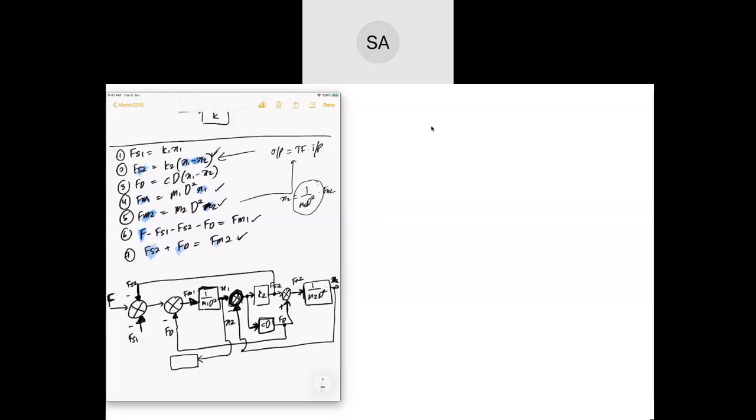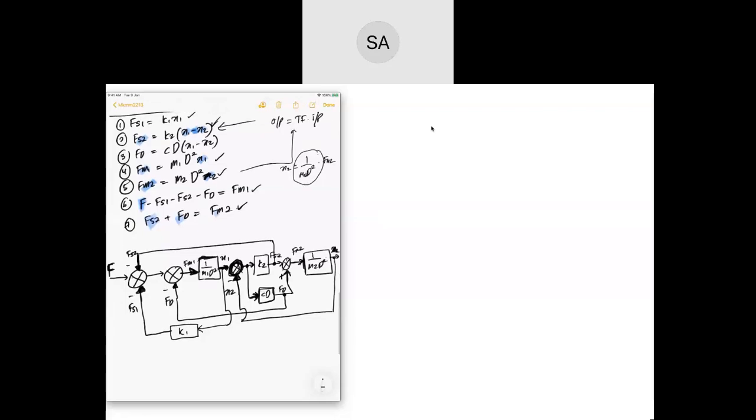So it becomes input to this block to solve equation number 1. If X1 is the input, of course K1 is the transfer function, then FS1 is the output of that block. All right. So guys, this is the complete block diagram for my suspension system.